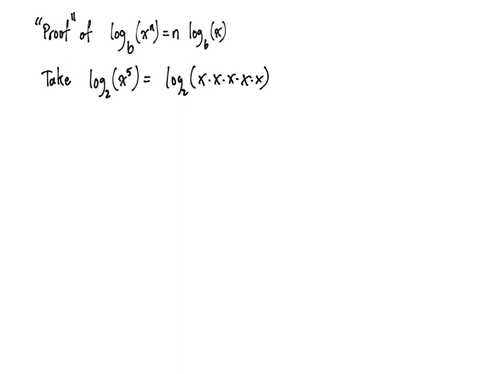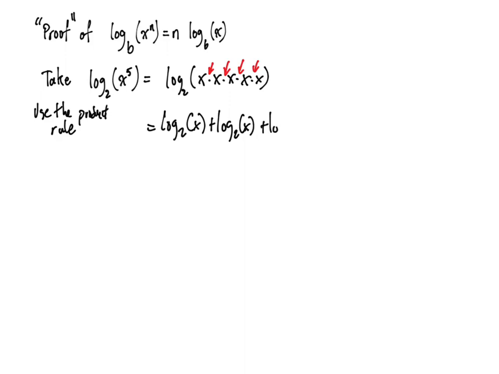But now if we go back to the product rule, what the product rule said was anytime you have a multiplication here, you can turn that into an addition. So what does that give us? Use the product rule. We get log base 2 of x to the fifth is really log base 2 of x plus log base 2 of x plus another log base 2 of x plus another log base 2 of x, and finally our fifth one, log base 2 of x.